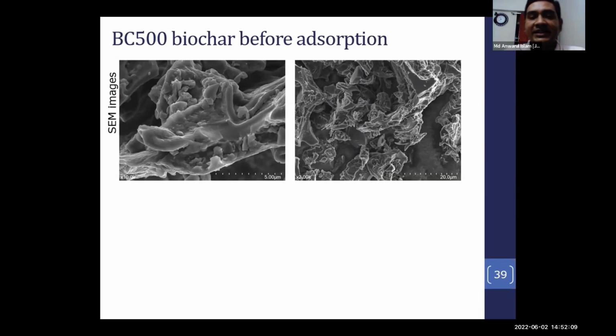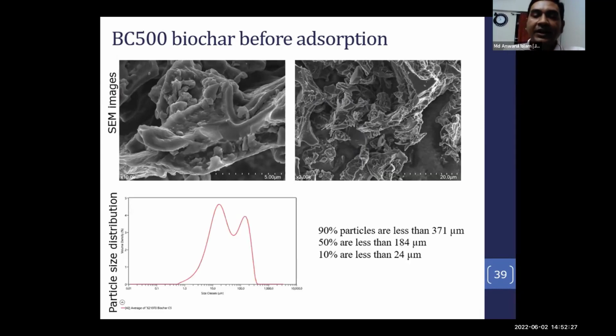As you can see here in the two pictures, this is a little bit different from other lignocellulosic biomass-derived biochar, where we see a kind of honeycomb shape and very even micropores, but this is a scattered surface. And if we see the particle size, it was very small, more than 50% is around 184 micrometers.